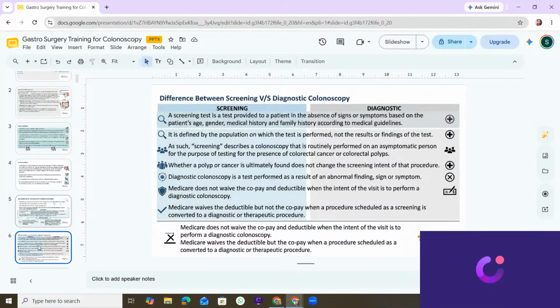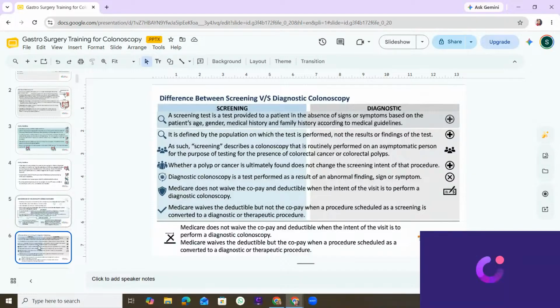A diagnostic procedure is a test performed as a result of an abnormal finding, sign or symptom. Medicare does not waive the copay and deductible when the intent of the visit is a diagnostic colonoscopy. Medicare waives the deductible but not the copay when a procedure scheduled as a screening is converted to a diagnostic or therapeutic procedure.